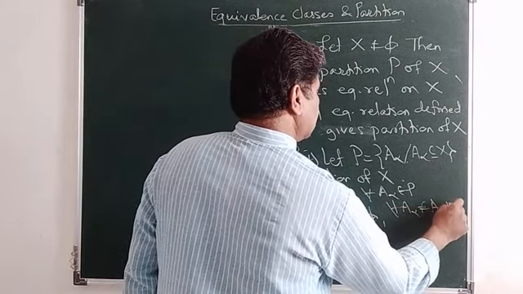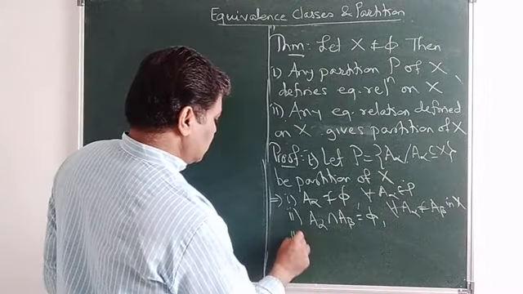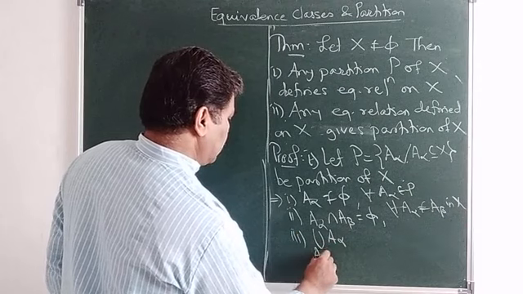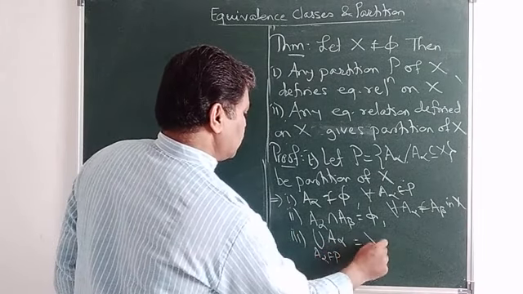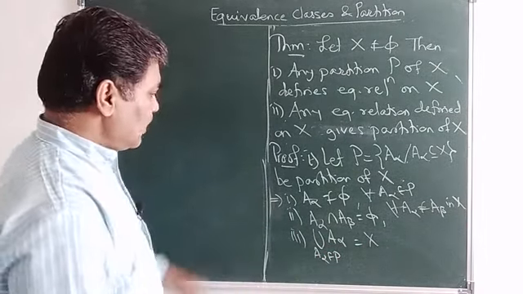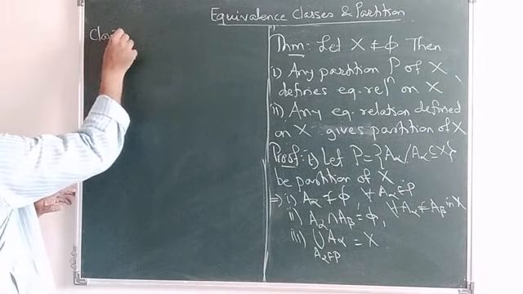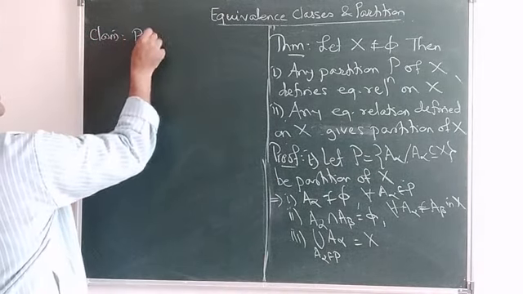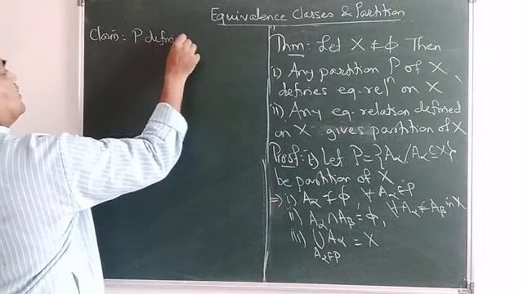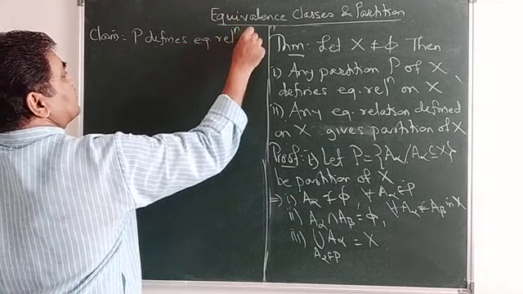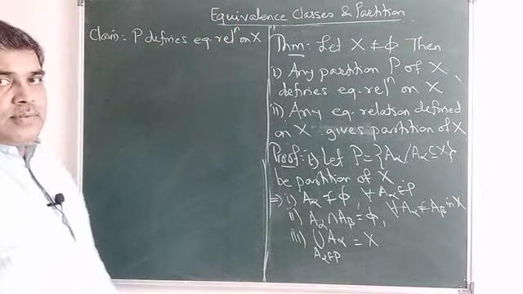And third, the union of all A alphas, A alpha belonging to P, must be the whole set. What is your claim? P defines an equivalence relation on X.